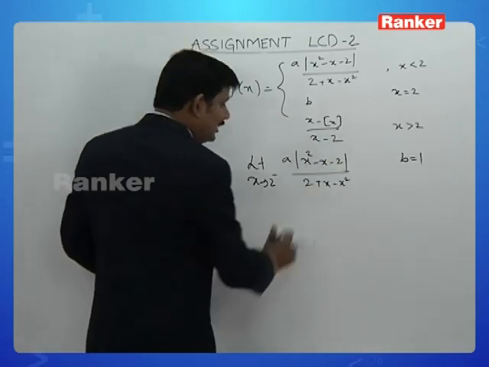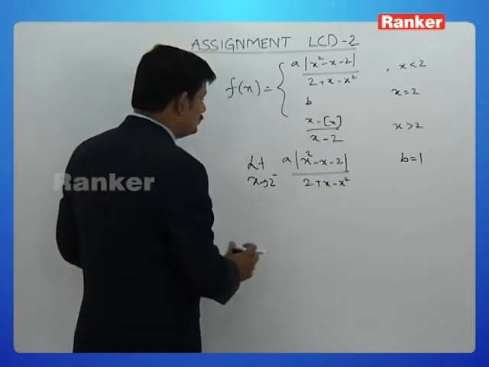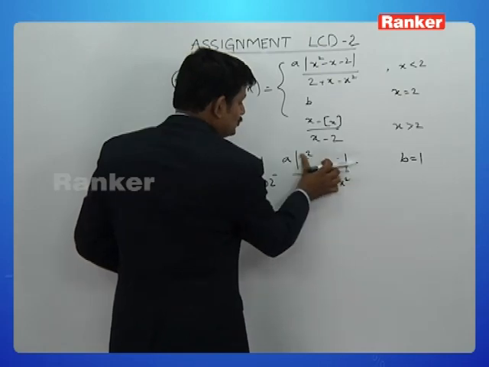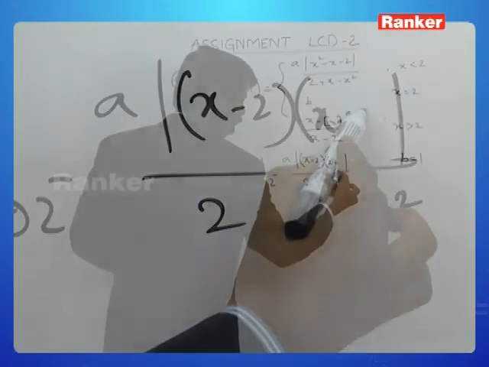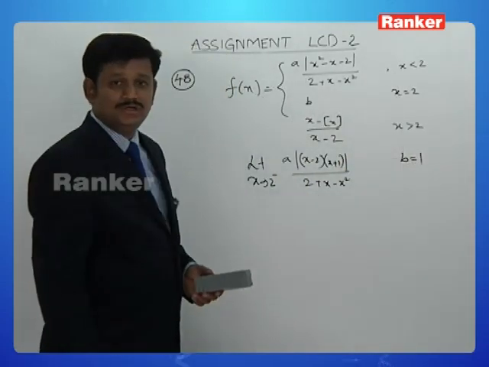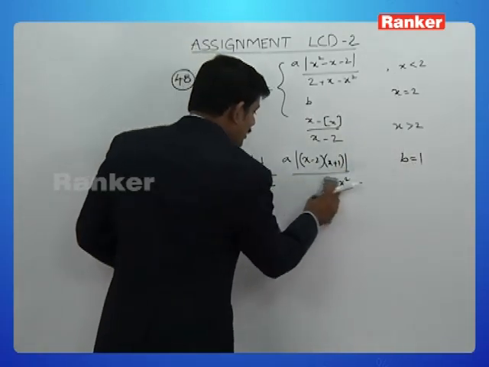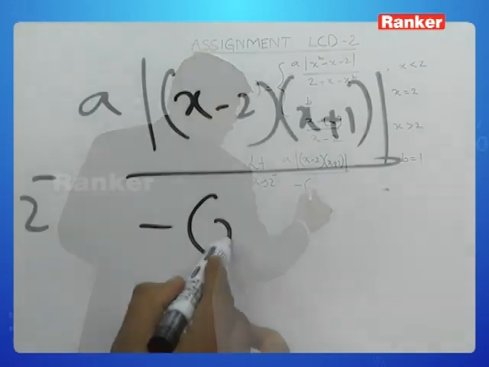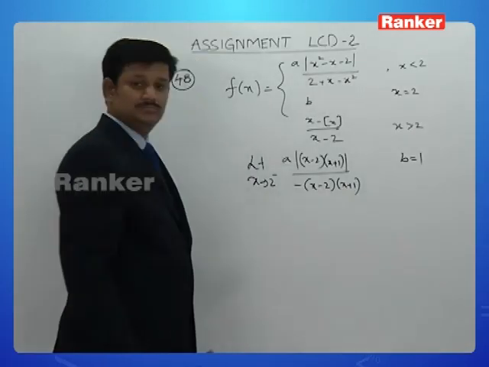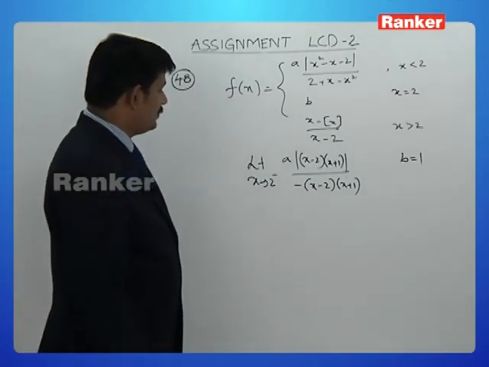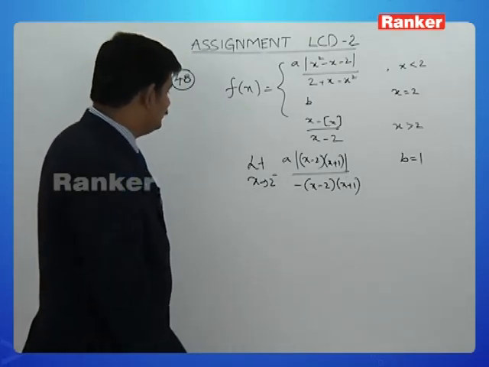So, let us factorize x square minus x minus 2. x square minus x minus 2 is (x minus 2) into (x plus 1). And the denominator is minus of (x minus 2) into (x plus 1).